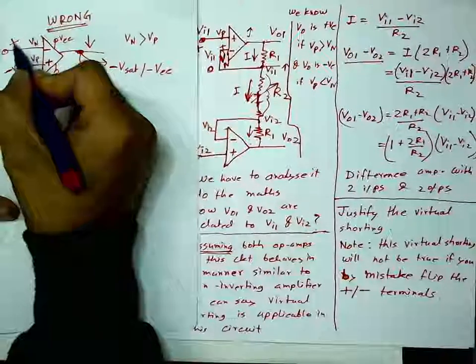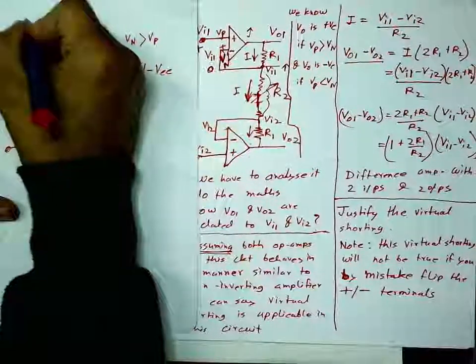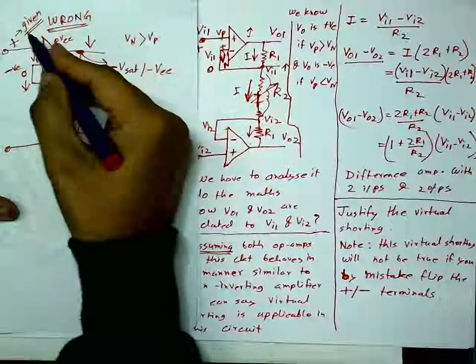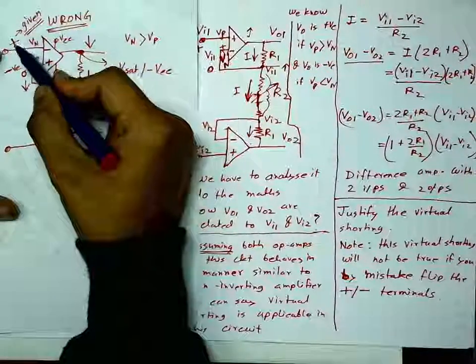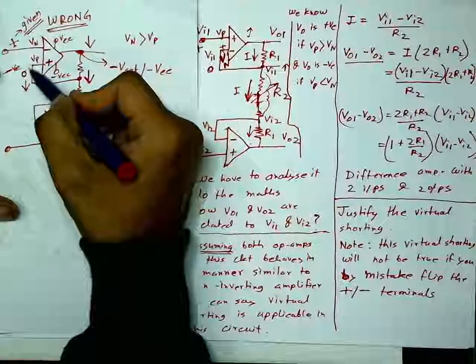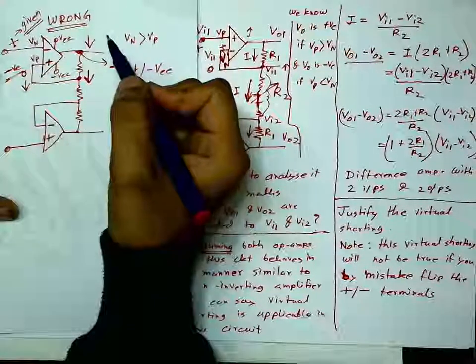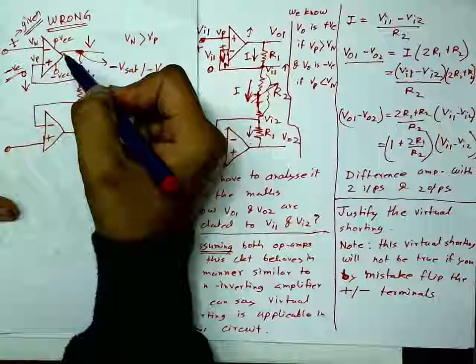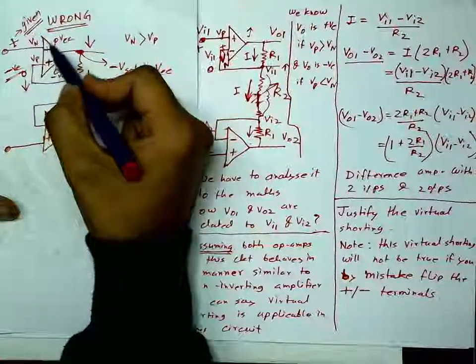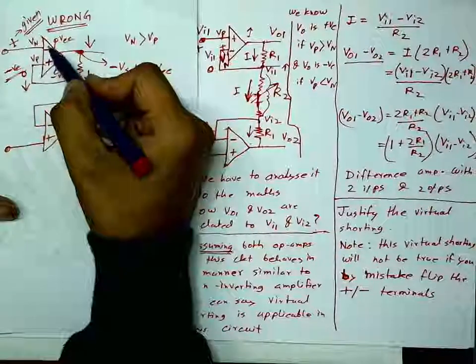I have given a positive supply, this is where I start my analysis from, and I see that if a positive supply is given here, this point becomes negative. Therefore these two are not at the same potential. Virtual short is not true. So you cannot make this mistake, minus plus.